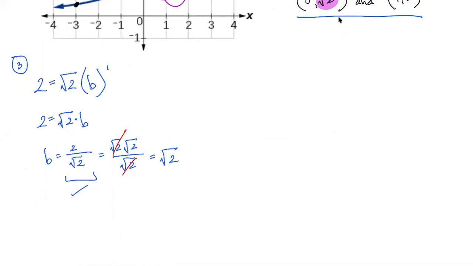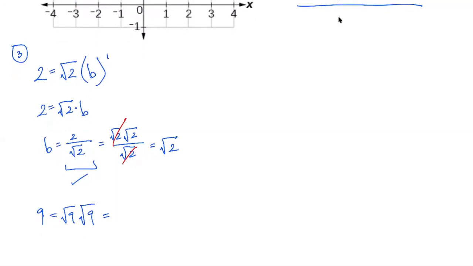So I can say like 9 equals square root of 9 times square root of 9. Because square root of 9 is 3, and then square root of 9 is 3. That part makes sense?